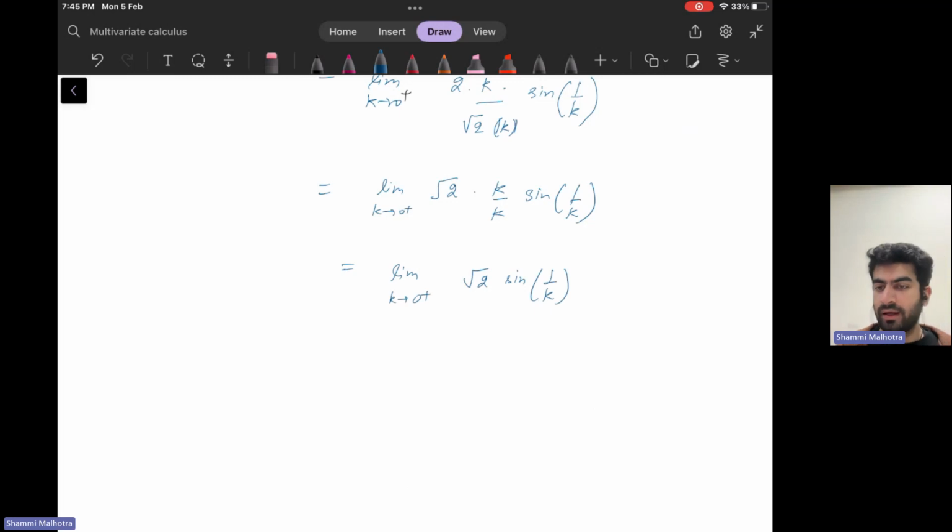But I know that sine 1 by k does not exist as k tends towards 0. This will create issues, so this limit does not exist.